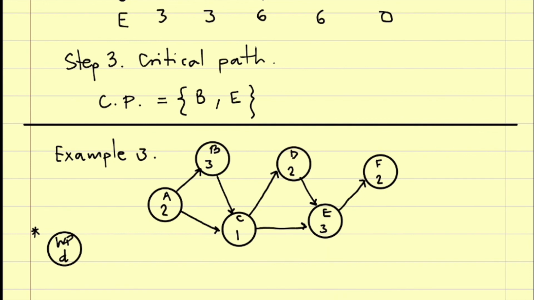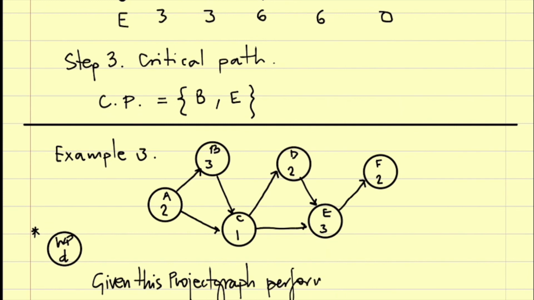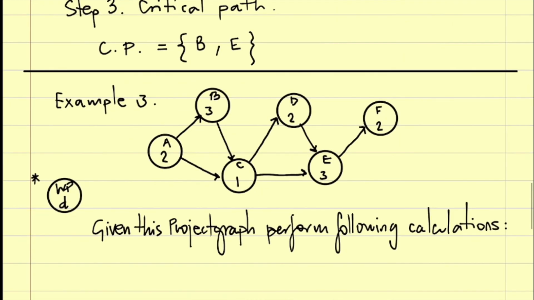Given this project graph, perform the following calculations. 1, give me the critical path. 2.